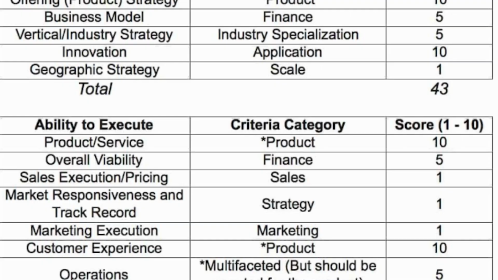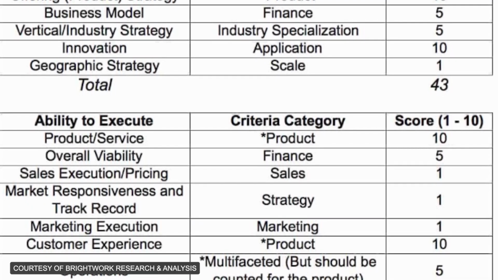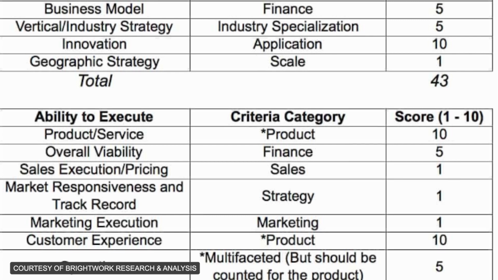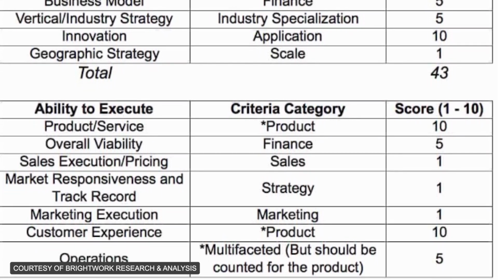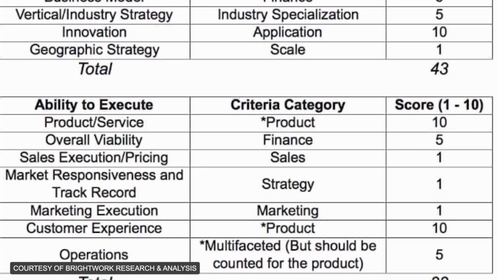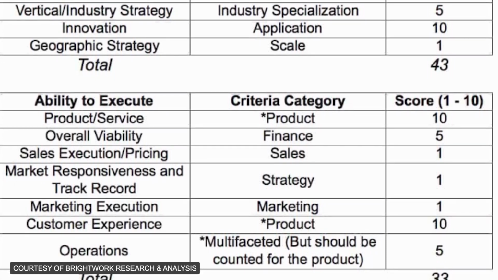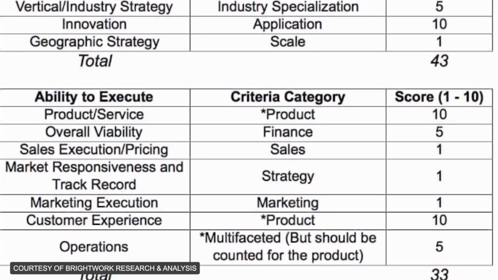That completeness gives them a higher score in that regard, and their different pricing, their track record, their market responsiveness to be able to change to things that are happening in the market, and their execution in marketing and advertising, and the customer experience as well. So all those categories, they break that down, and then that gives them a rank on their ability to execute and completeness of their vision.